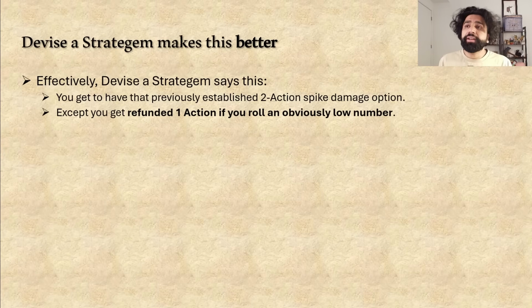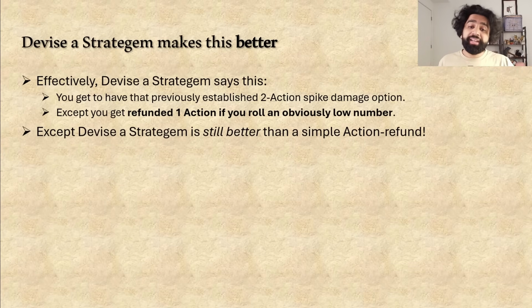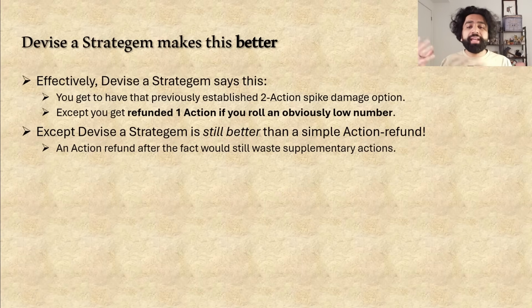And that refund is sort of the crucial part of Devise a Stratagem, except Devise is even better than just being a simple action refund. Because if you took that hypothetical Strategic Strike I talked about and added a line that said, if you miss, you are refunded one action, you would still waste any supplementary actions you spent on that spike. Spike damage users tend to build a lot of value into that one action if they can.